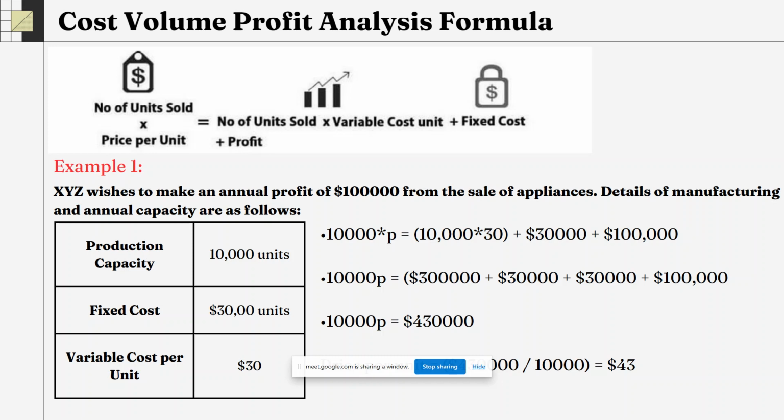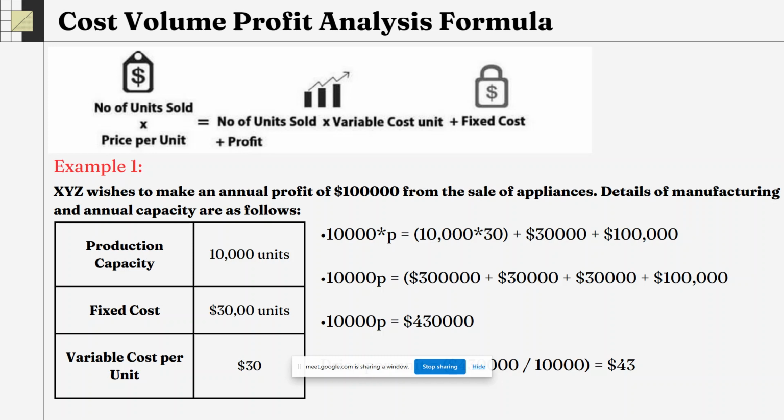So, the first one is number of units sold is yung production capacity which is the 10,000 times price per unit is equal to number of units sold times variable cost per unit which is the 10,000 times 30, close parenthesis, plus ilalagay na lang natin yung fixed cost na 30,000 and then the profit which is given naman na 100,000. And then i-multiply natin yung number of units sold times variable cost per unit.